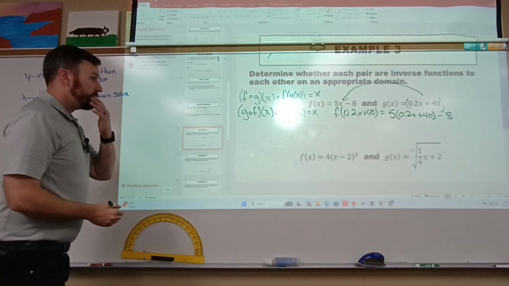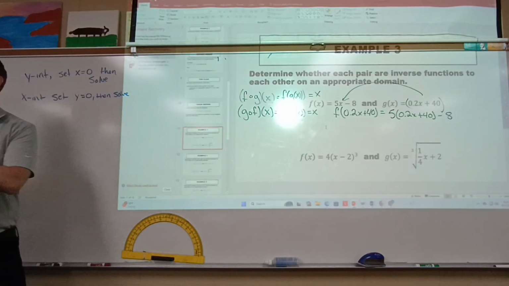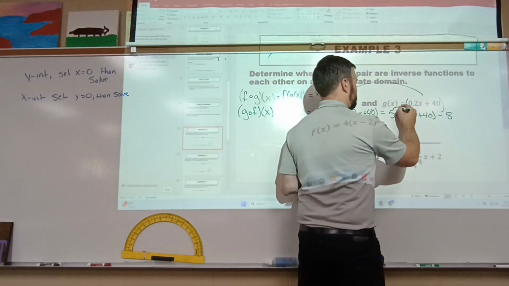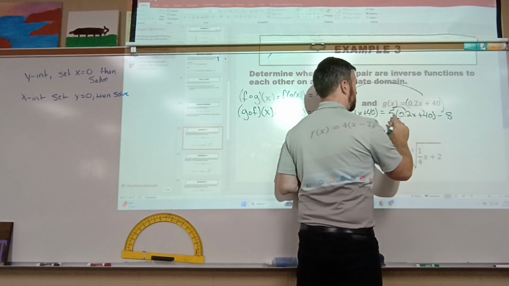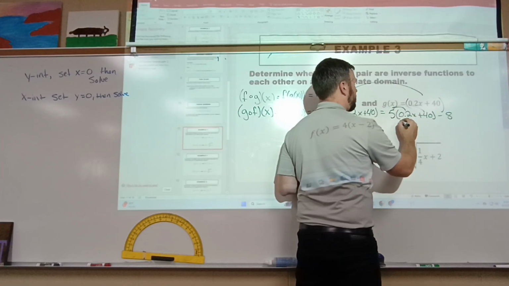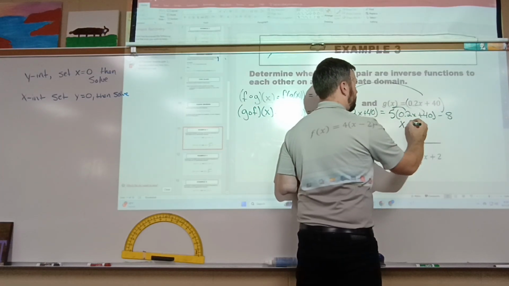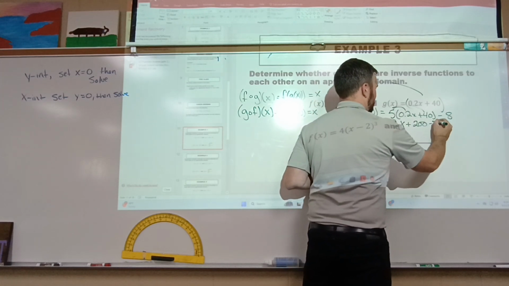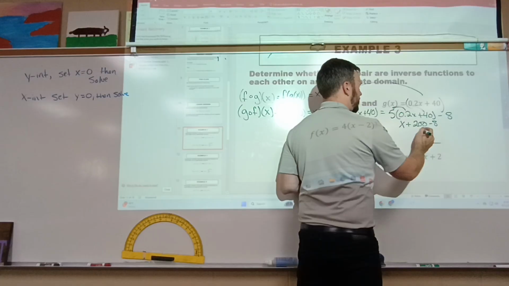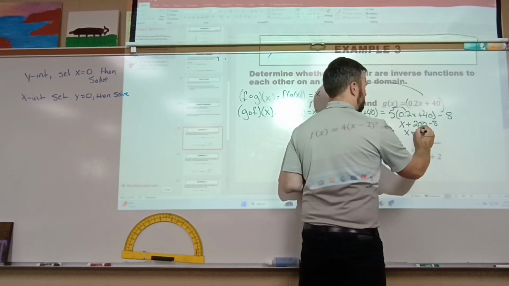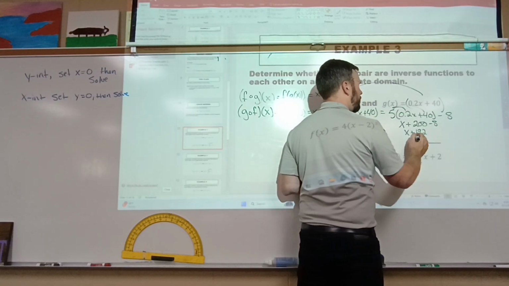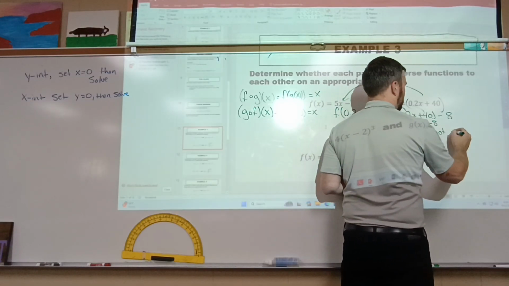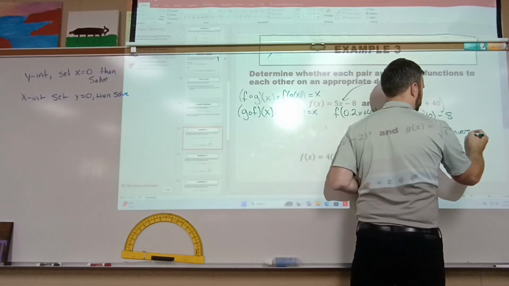Plug her in. What do I need to get? x. Everything needs to cancel, like my favorite shows. So 5 times 0.2 is 1x. 5 times 40 is 200. Does this cancel out? No. So these were not inverses.